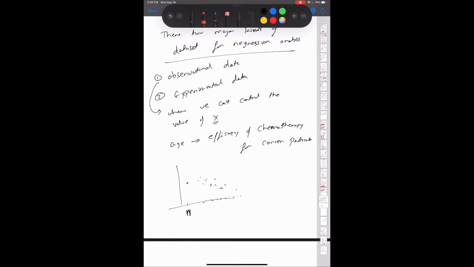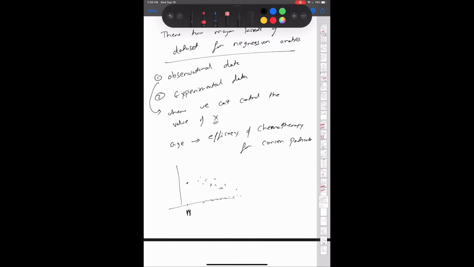The way you would collect the data is, you would be outside the doctor's office, the doctor sees the patient and figures out the right amount of dosage for them, and then you observe their outcome. You are not going to tell the doctor, let's give this person half a dose and let's give this person 3 doses, because that's unethical.